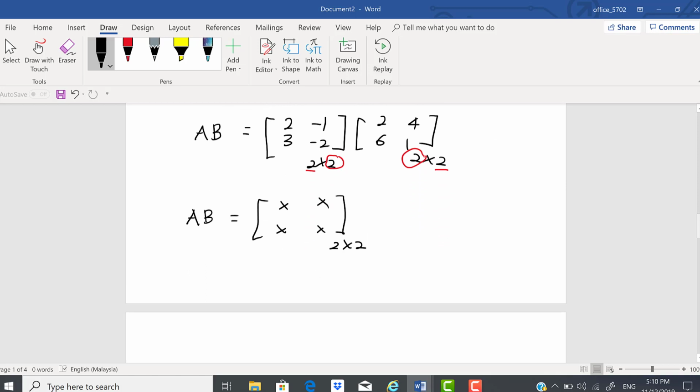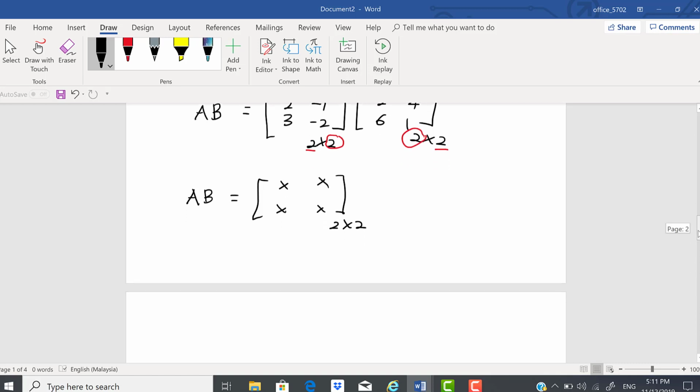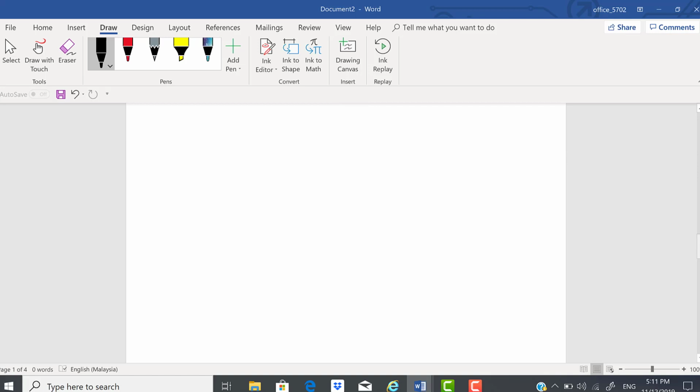Okay, so for this one, we have the first one, 2, negative 1, times 2 and 6. Then we have again 2, negative 1 times 4 and 1.